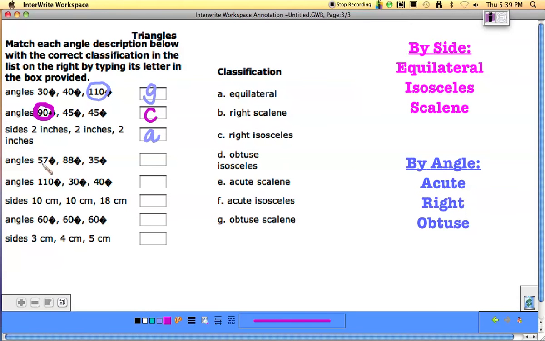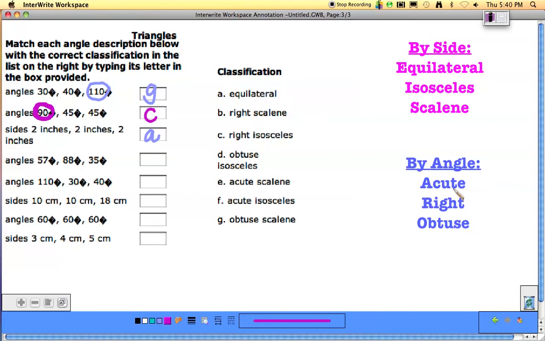The next one says 57, 88, and 35 degrees. None of these degree measurements are matching, and none of the degree measurements are greater than 90. So if I'm looking at the angles, I know that since none of them are greater than 90 or even equal to 90, I'm going to be looking at an acute triangle.